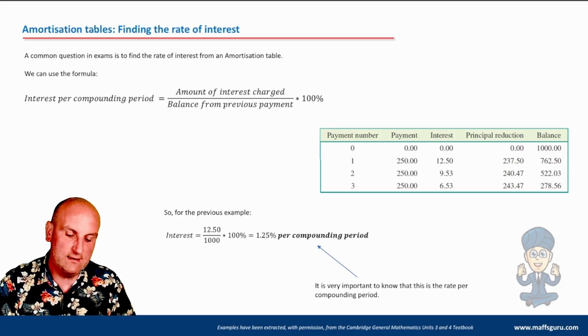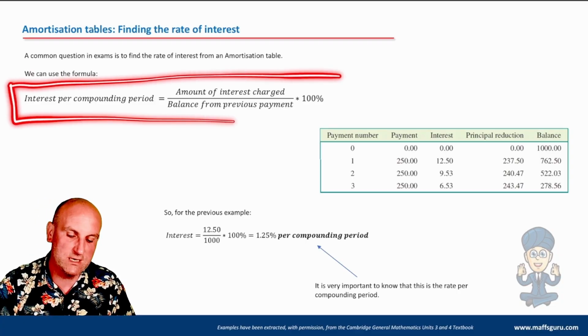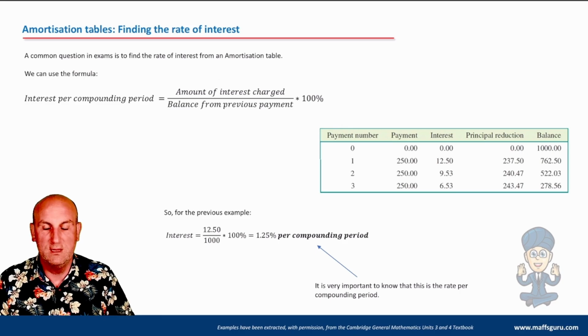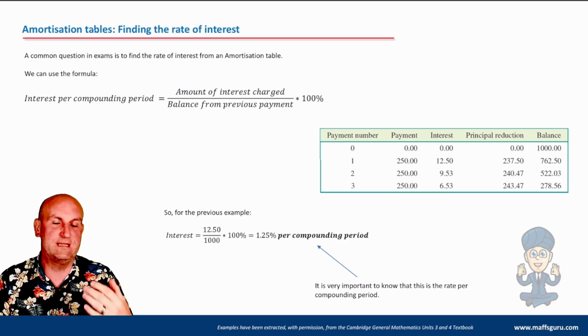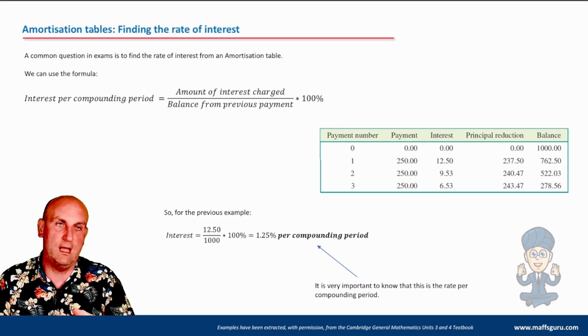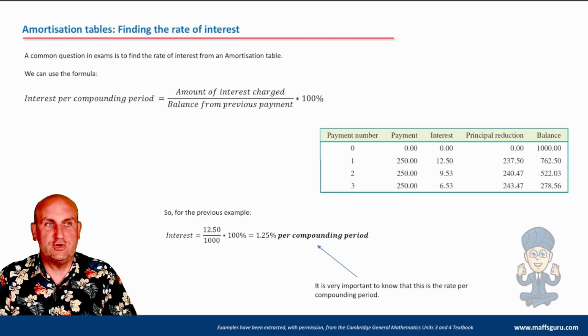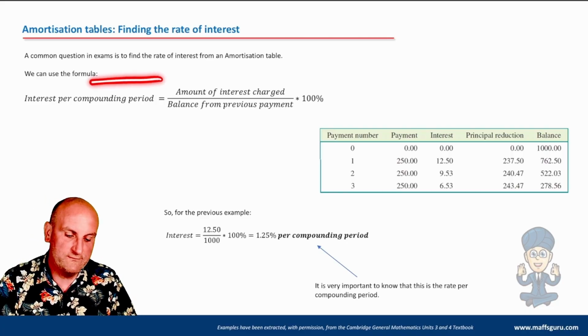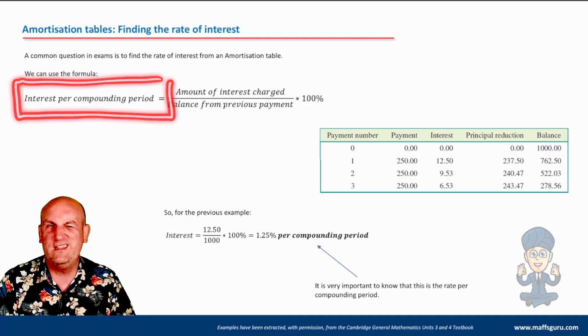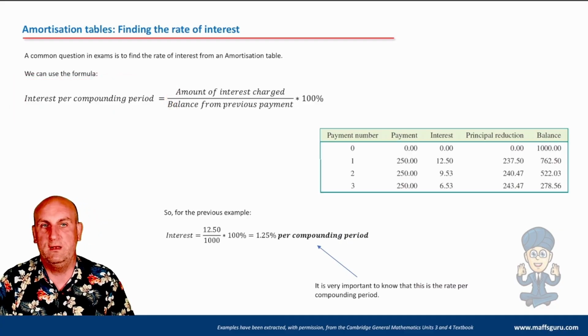Now, we have seen this formula sort of before. I've slightly rewritten it in this example, just so that it's a little bit simpler for you guys to apply to the knowledge here, all right? Interest per compounding period. So I've changed it now. Previously I called it the interest rate, now I'm calling it the interest per compounding period.